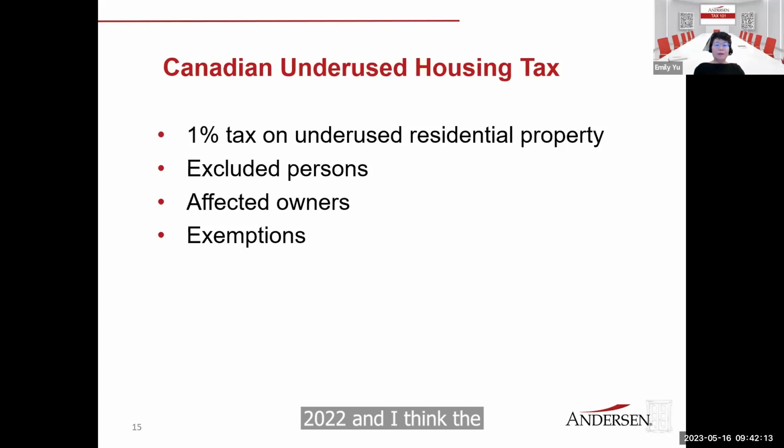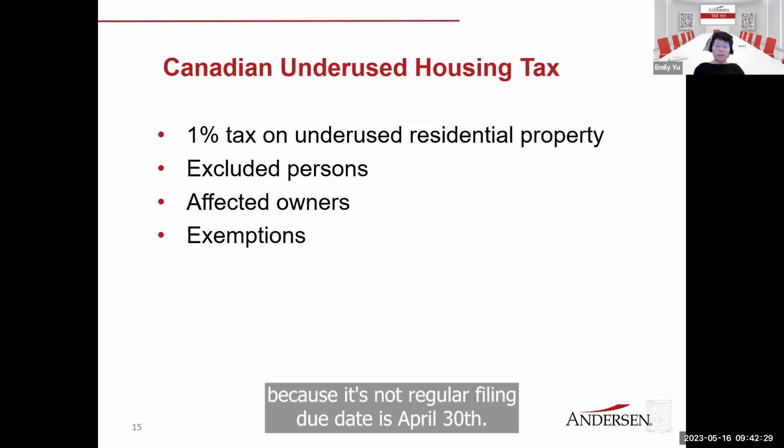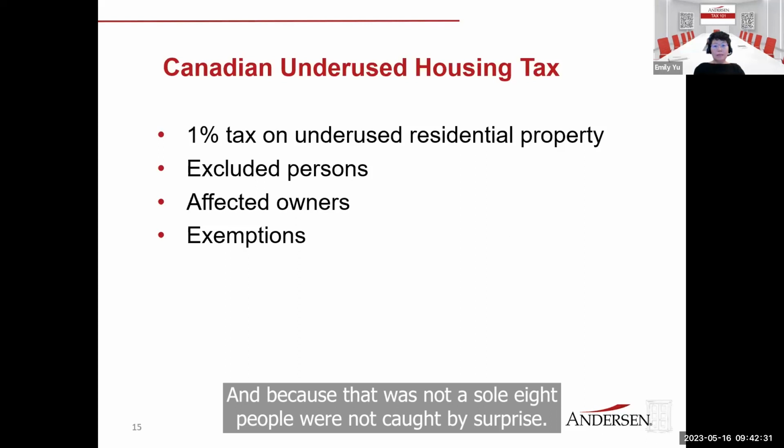I believe the filing requirement was announced in December 2022, and the due date would be May 1st, 2023, because the regular filing due date of April 30th falls on a weekend. And because it was announced so late, people were caught by surprise.